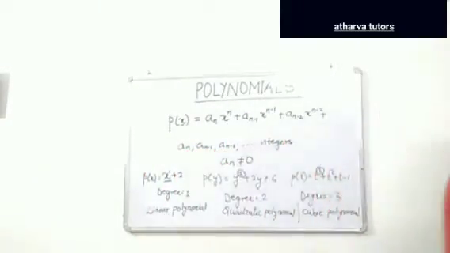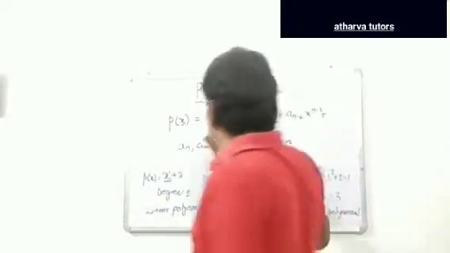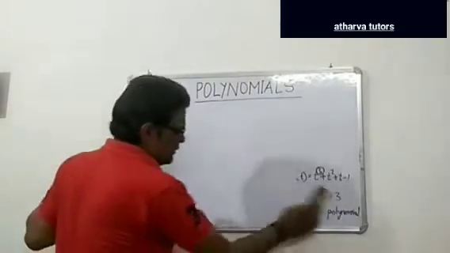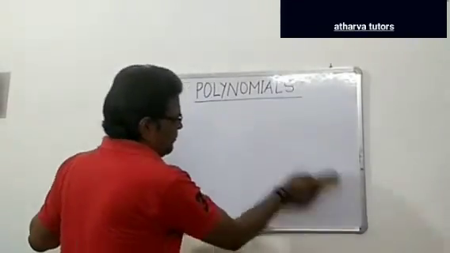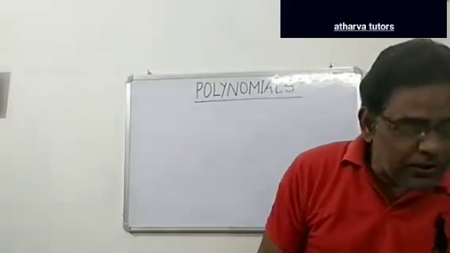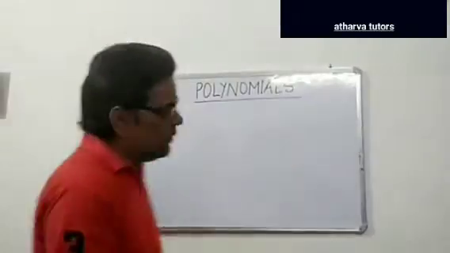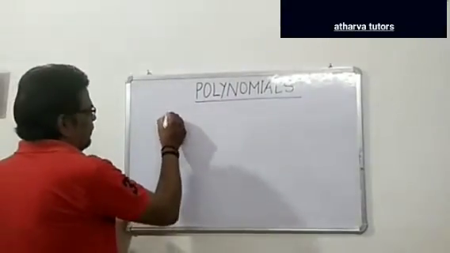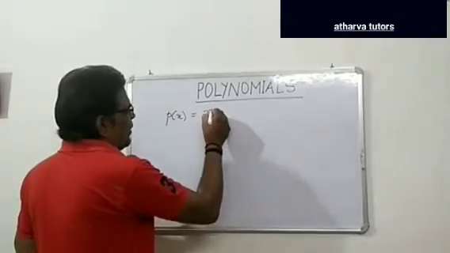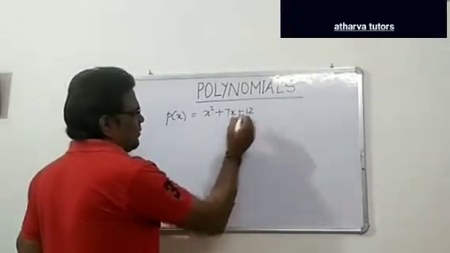Suppose the polynomial p(x) is x square plus 7x plus 12.